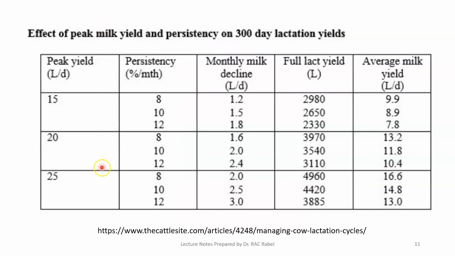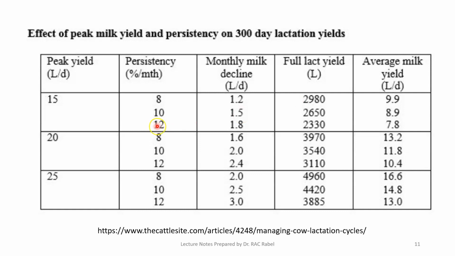What is considered is to multiply this by 200, which gives you an approximate lactation yield, provided the drop was not too bad. So if it was an 8% decline, it's approximately 15 times 200, 3,000.